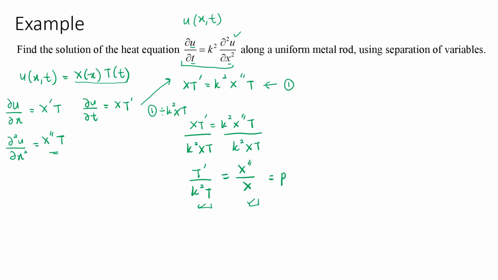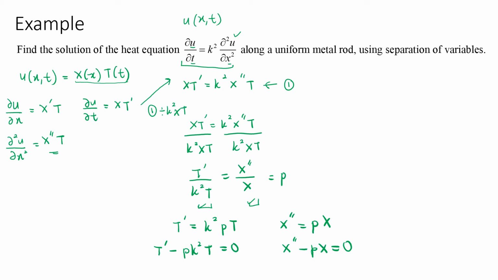The first is T prime equals k squared p T, and the second is X double prime equals p X. If we rearrange, we get T prime minus p k squared T equals 0, and X double prime minus p X equals 0.